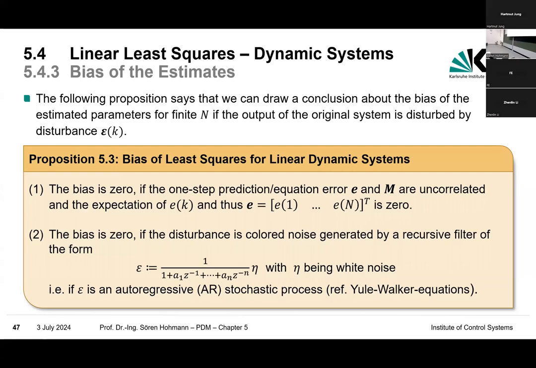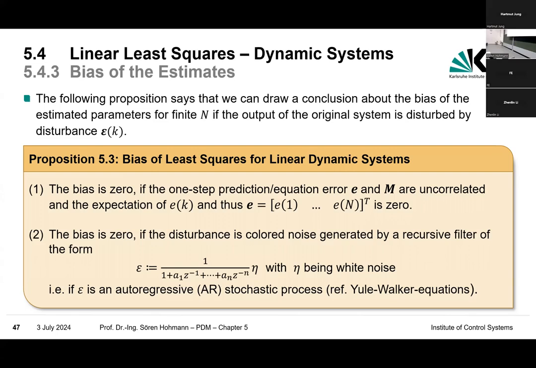So what I wanted to say is there are only rare instances where we have a bias-free estimate if the output is disturbed by means of white noise, because we do not have white noise as the output.